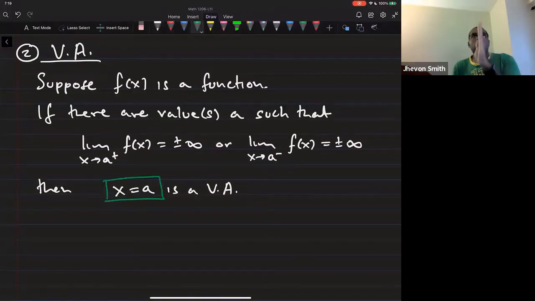So it's pretty much when you reach a finite x value and your graph shoots up or shoots down, that gives you a vertical asymptote.